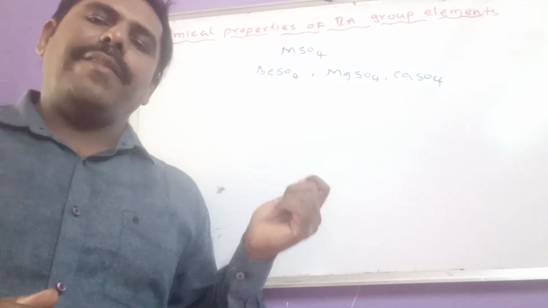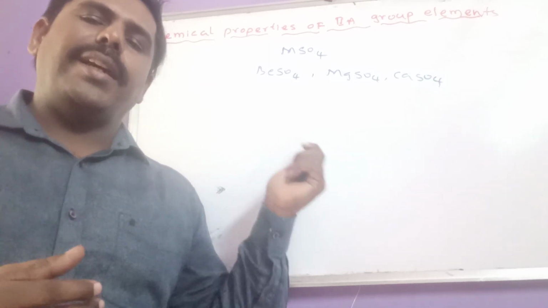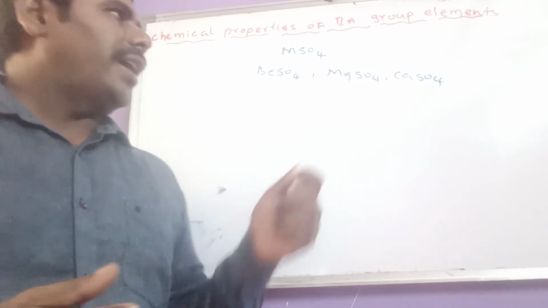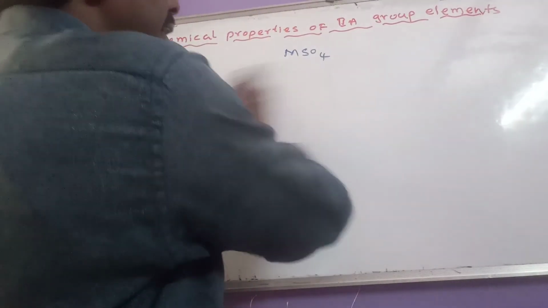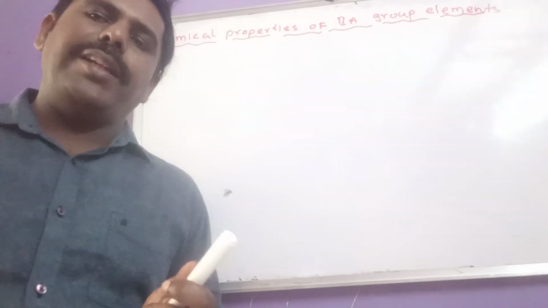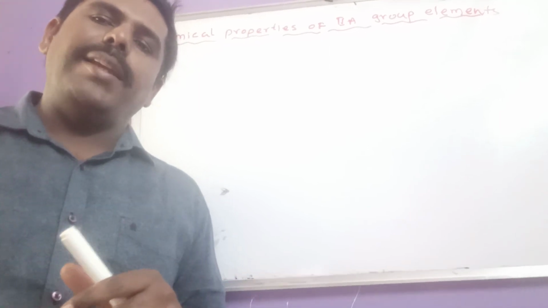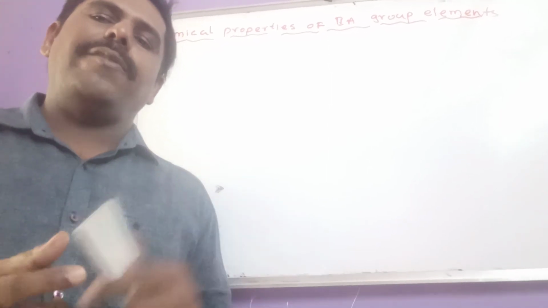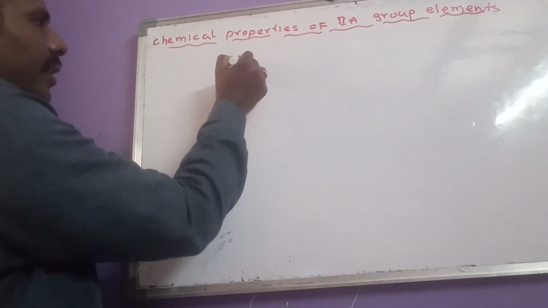All of these are white in color, and they are crystalline solids. And here also, solubility decreases from beryllium sulfate to barium sulfate, and thermal stability increases from beryllium sulfate to barium sulfate.